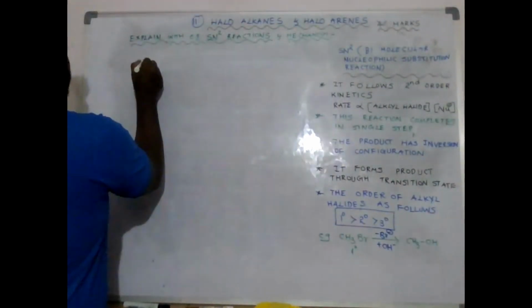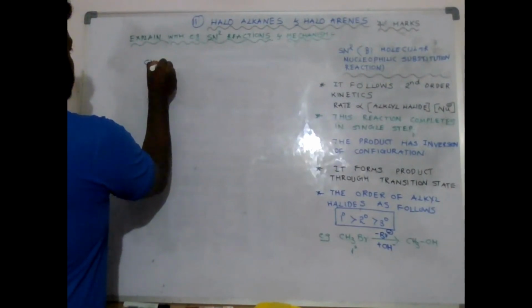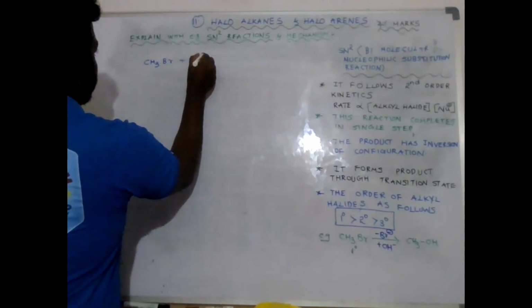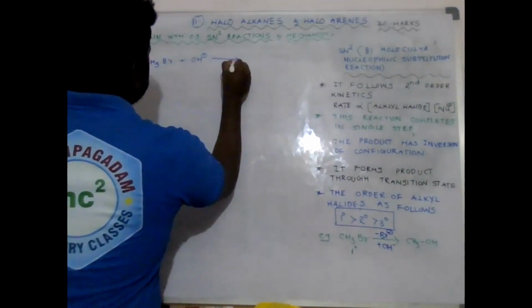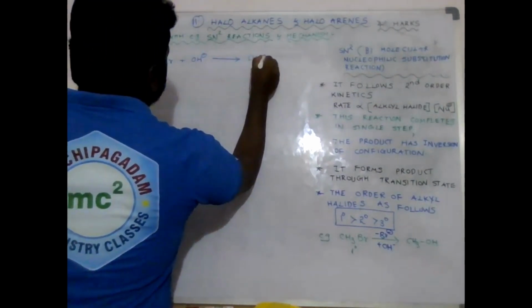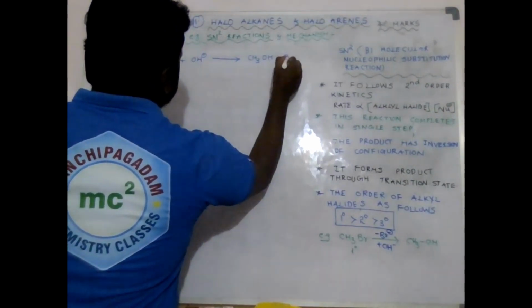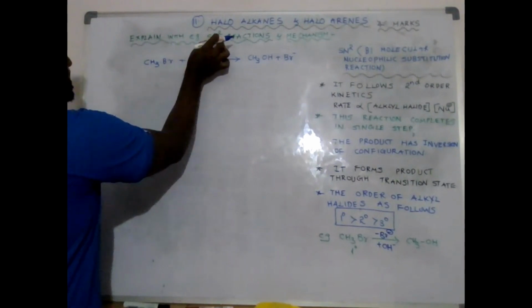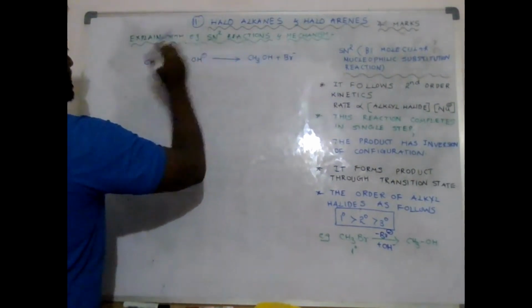So here CH3Br is reacting with the nucleophile, and it is giving CH3OH plus Br minus. So now rate is depending on both alkyl halide and nucleophile, since it is SN2.